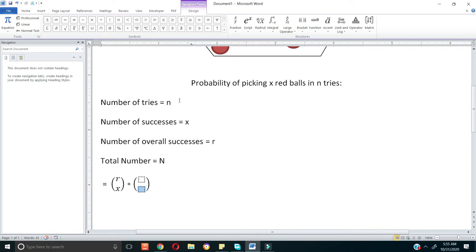That means you're going to pick n minus x blue balls, because you're picking n times. So if you pick n times and you pick x red balls, then the remaining picks are going to be blue, yeah? So then these blue balls that you're picking, you're actually picking them out of n minus R blue balls, because remember n is the total number of balls, right? So if there are R red balls, it means there are n minus R blue balls, right?